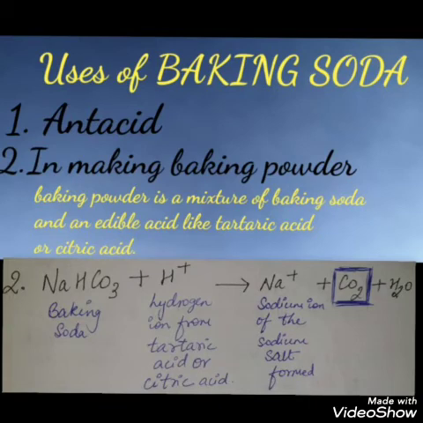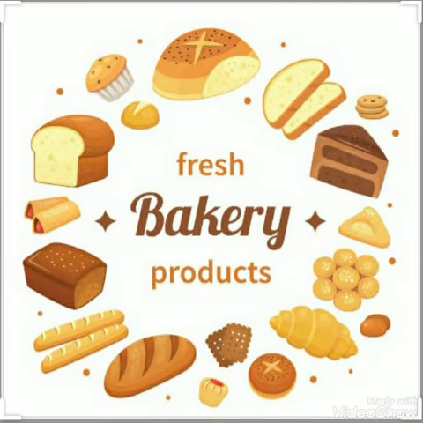In this reaction, we can see that sodium bicarbonate will react with the hydrogen ion present in the mild edible acid to form a sodium salt, a lot of carbon dioxide and some amount of water. This carbon dioxide gets trapped in wet dough and bubbles out slowly, making the cake or the bakery product rise and become soft and spongy.